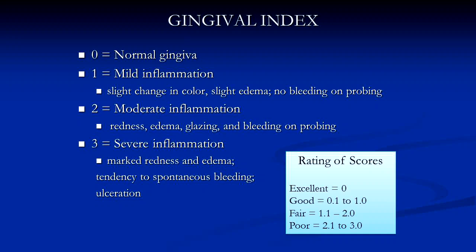It could be something completely different that's interfering with the gingival health, like a systemic disease or a medication that's causing a lot of gingivitis, but it's not plaque induced. So you can have a really high gingival index score, but a plaque index score that is really low for an individual patient.